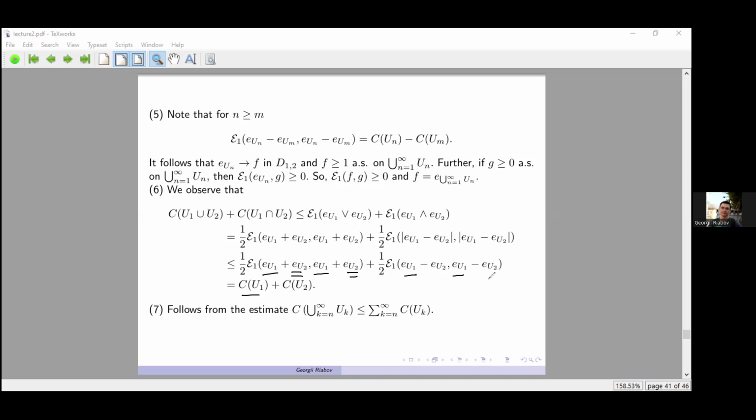Also, we will have twice E1 norm of EU2 times 1/2, which will give us the capacity of U2. And the cross terms E1 of EU1 and EU2 will disappear, because in the first summand we have the sum of EU1 and EU2, and in the second we have the difference.